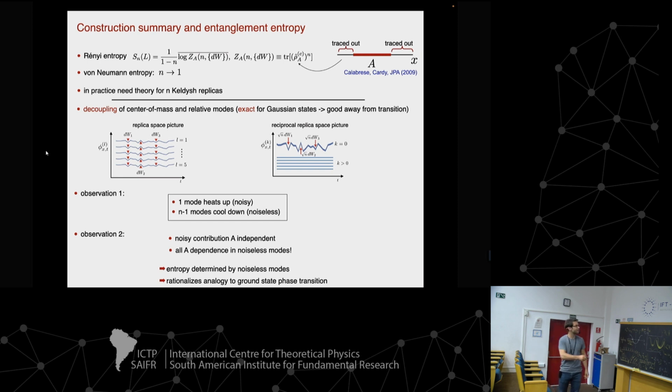So these are noiseless. The next observation is that if you want to compute the entanglement entropy, which is just this replicated density matrix with specific boundary conditions connecting the density matrices with respect to each other, then really only these noiseless modes contribute to the entanglement entropy.